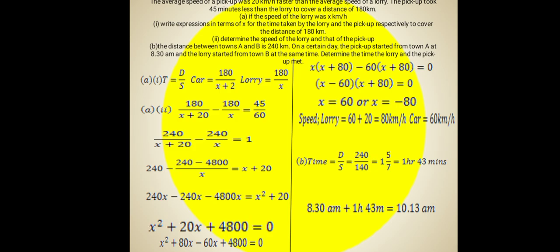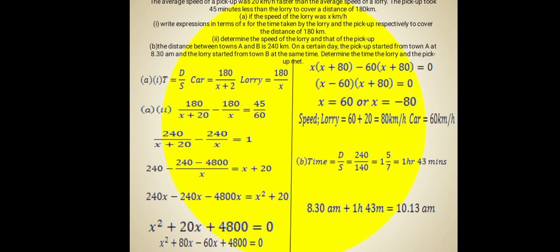So the question asks for the speed of the lorry. The speed of the lorry will be 60 plus 20, which is 80 km per hour. Is that okay? No, ignore what I have written.